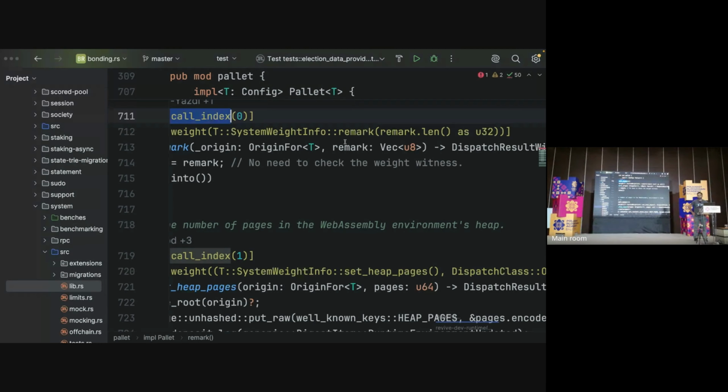Wouldn't it still use up storage because it's in the state forever? Yes. I don't know if you guys know that there used to be a project, Remark NFTs, which worked totally on remarks.